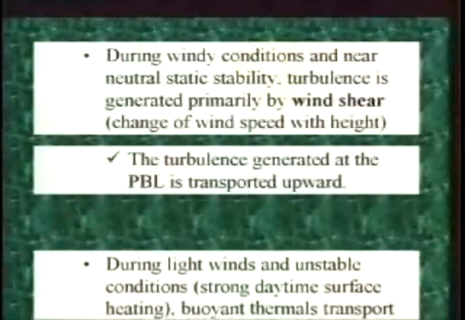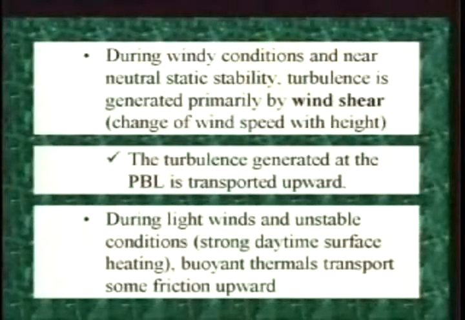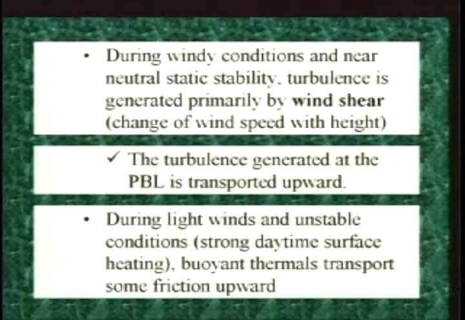During light winds and unstable conditions, strong daytime surface heating will result in buoyant thermals transporting some friction upward. So when the winds are light but conditions are unstable, particularly a typical summertime afternoon, you usually don't deal with that windy type of conditions, particularly when you move towards the southern United States.